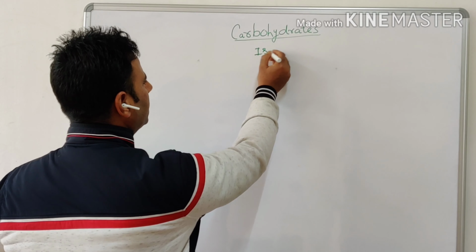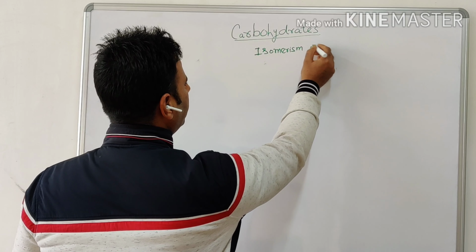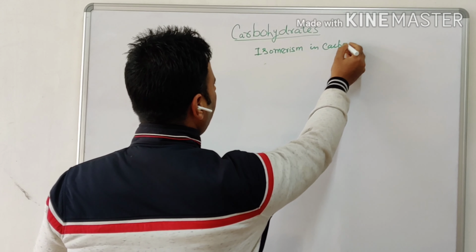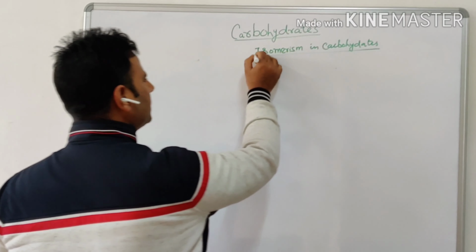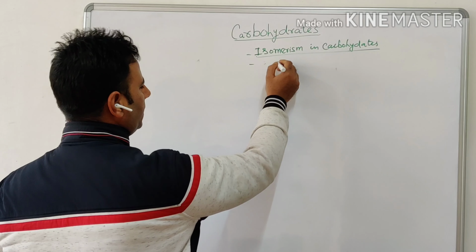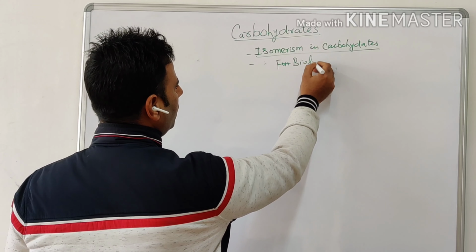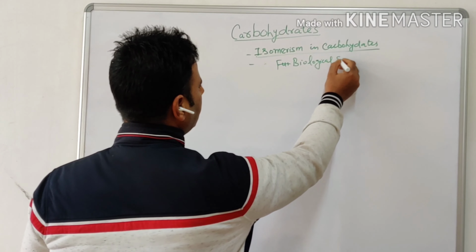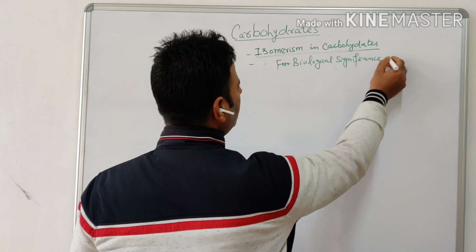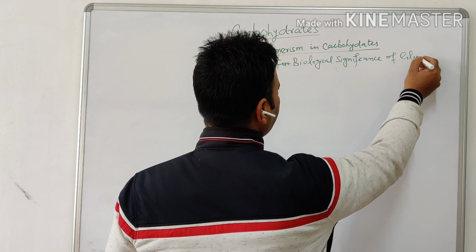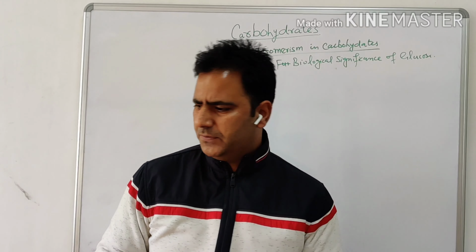We'll be discussing isomerism in carbohydrates, and the second thing which we will discuss is the features and functions, the biological significance of glucose. These two topics we will take in this video tutorial.